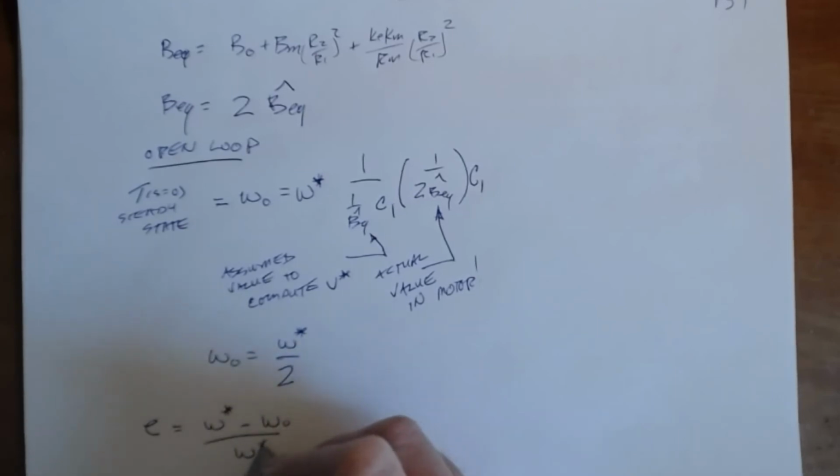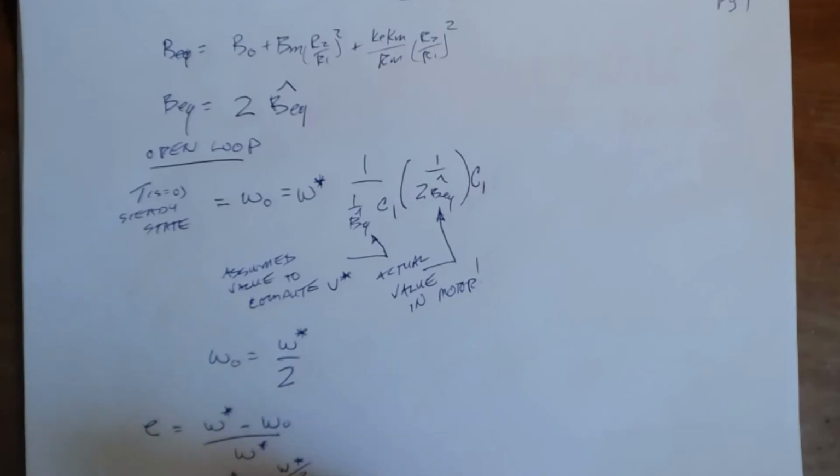So if I want it in percent error, this is omega star minus omega star over 2 divided by omega star, which is 1 minus 1/2 equals 0.5, 50% error. Wow. So if I just miscalculate one of my motor parameters, I get a pretty good size error on there.